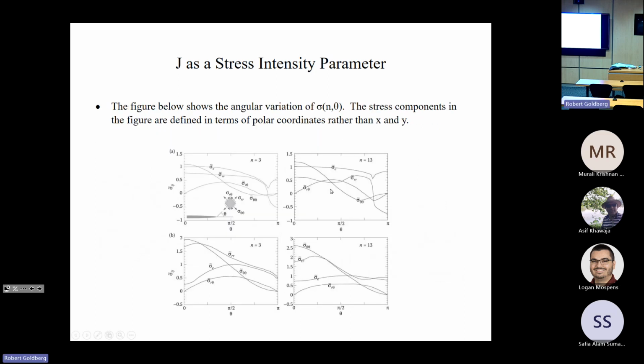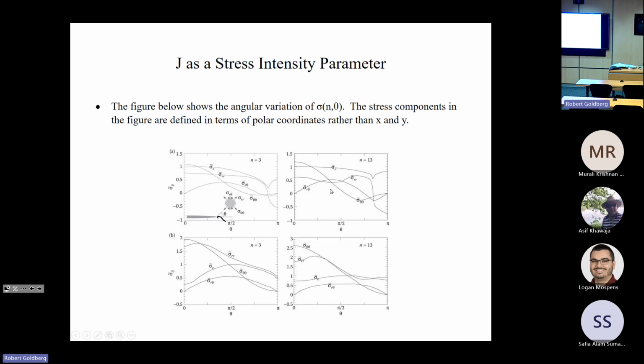For the variations with n and theta that we talked about, there are charts with the angular variations of the stress, and similar plots for the strain, where you look at your angle theta, because as you progress along your path, theta is at different locations, and you can define your various stress components.